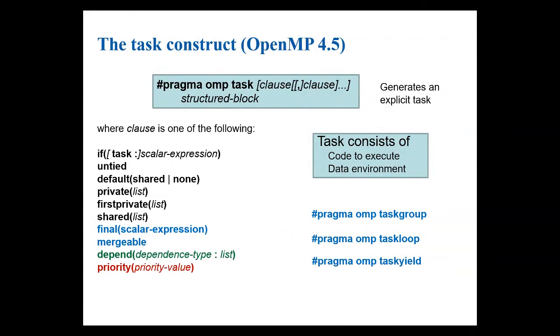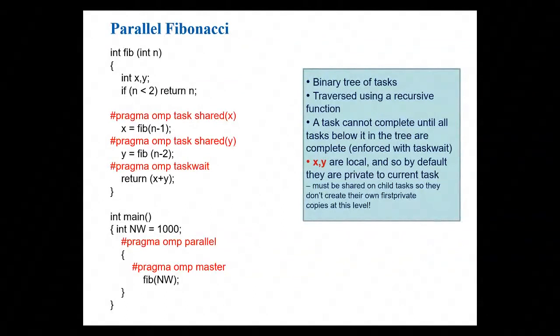We go back to that simple Fibonacci example here. So we can simply apply OpenMP task constructs to the sequential code. Here the main code originally calls itself, and then we will run this in parallel. So here we create a team of threads to do it.